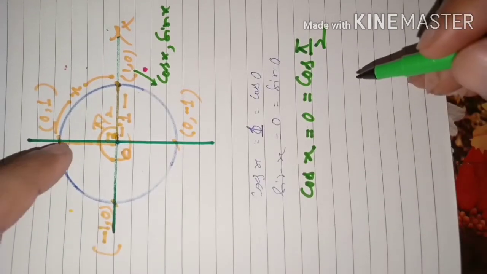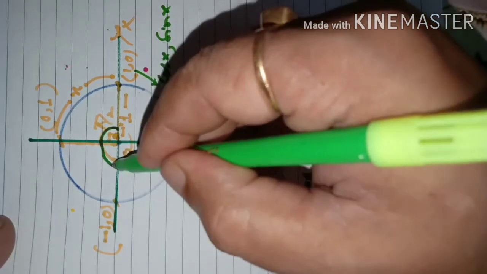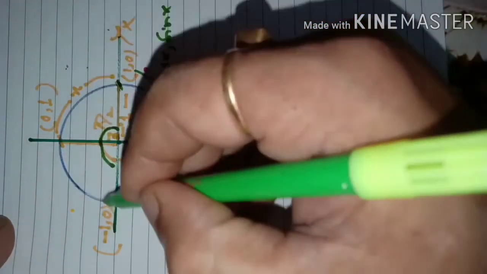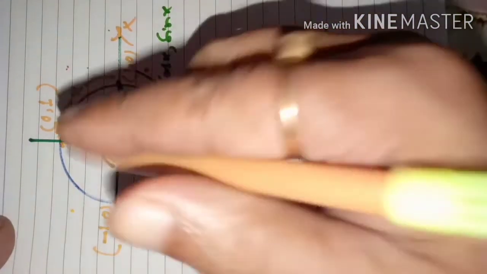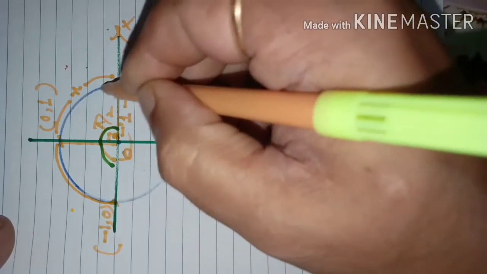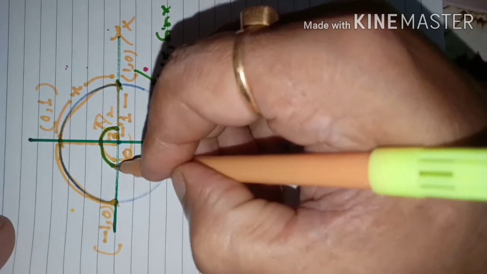Again, when you come by another pi by 2 angle, that means you come to this level, suppose you consider this whole arc from here to here, this whole arc subtends what angle? Pi angle.